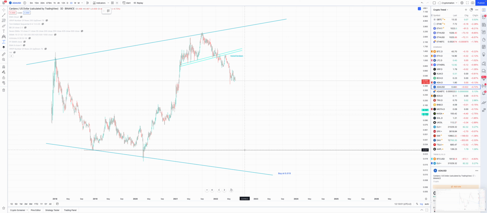Because this is a huge gap, right? If we are at 0.027, it's another 60% down. So this is going to be crazy. You're probably not going to hold that position if it drops another 60%.